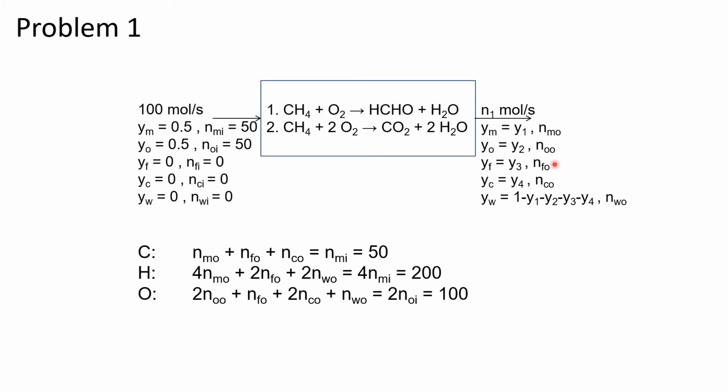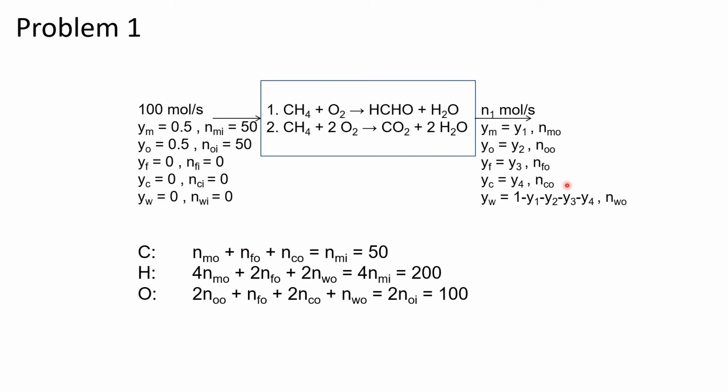If you look at formaldehyde, there will be a contribution. So we're going to take the flow rate of formaldehyde, NFO, and multiply it by the number of carbon atoms there are per molecule of the formaldehyde. Here's the formula for formaldehyde. It's CH2O or HCHO. There's only one carbon here, so we'll put a 1 in front of the NFO.